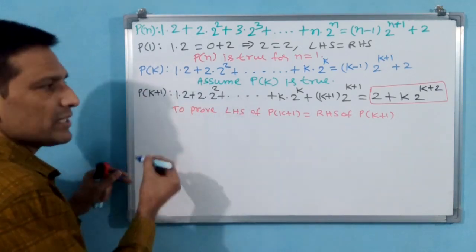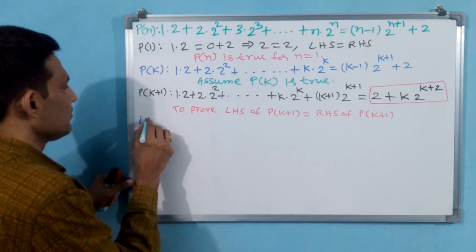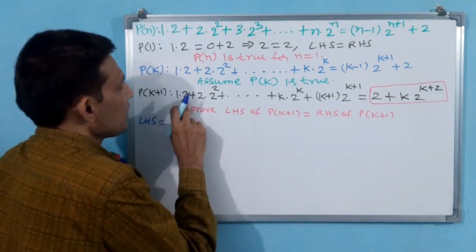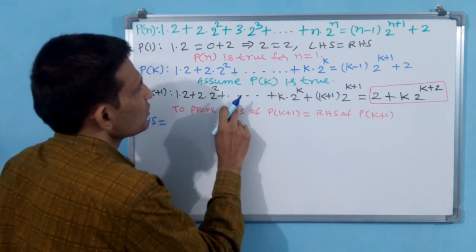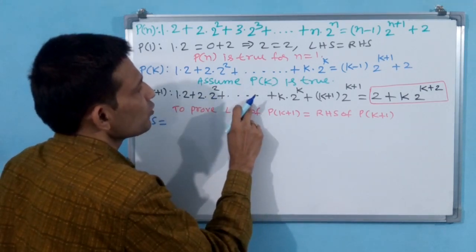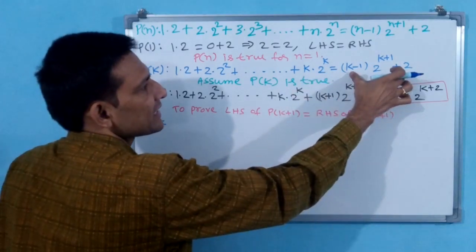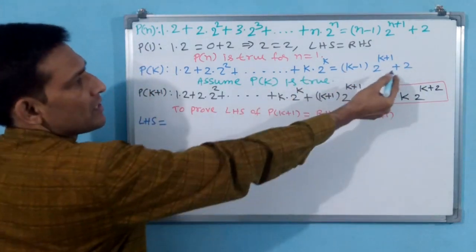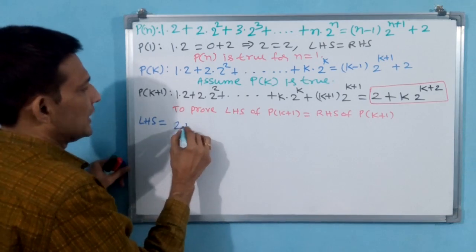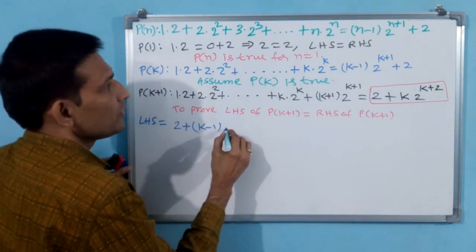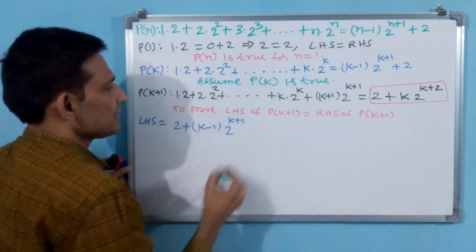Now see what I am doing. LHS I am taking. LHS is equal to 1 into 2, 2 into 2 square, 3 into 2 cube, up to k into 2 power k. One result is there here. This result you simply copy. First you copy 2 plus k minus 1 into 2 power k plus 1.